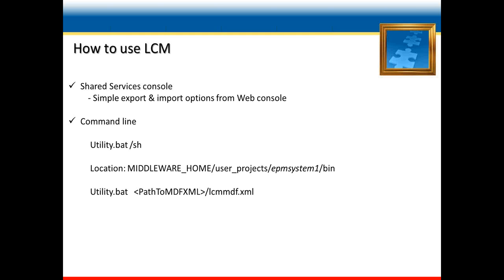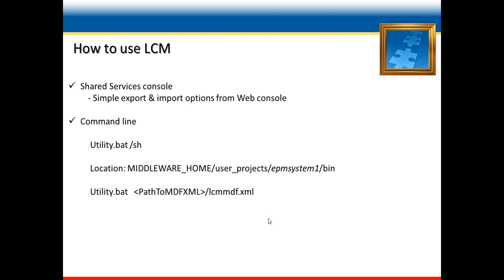And if we talk about the command line, there is a utility.bat you will find in the EPM Oracle instance, that is EPMSystem1 by default, and the bin directory inside it. For the command line utility, there will be an MDF file, which will be an XML file which will have the definition of all the operations to be performed as part of the migration.